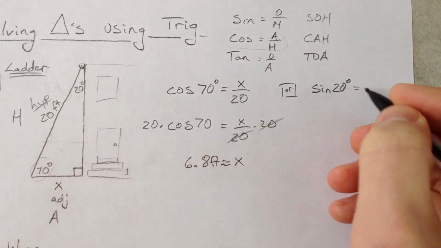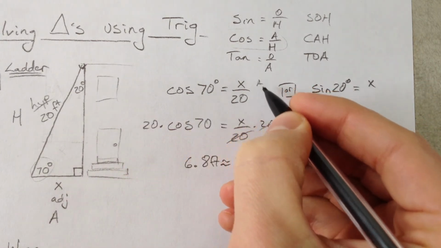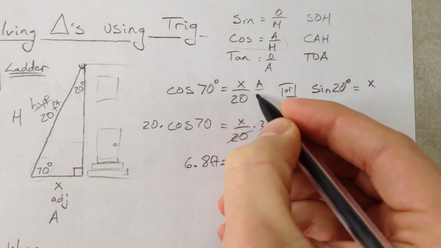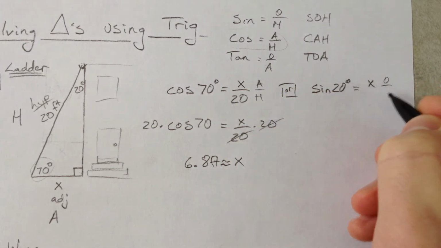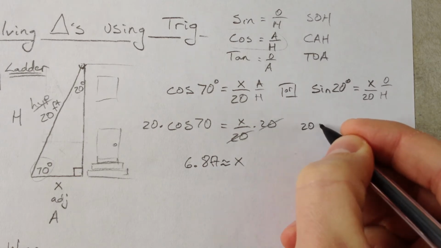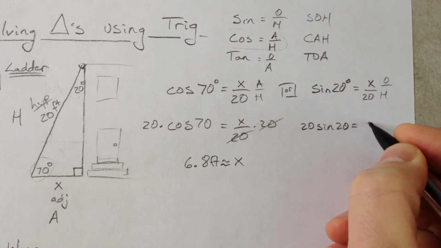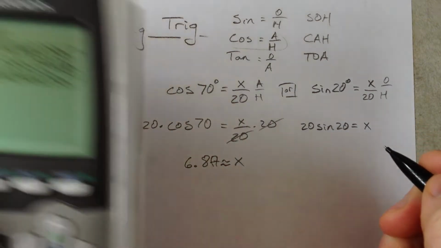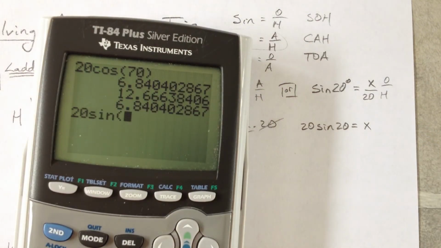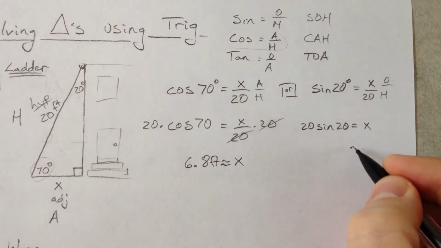Now x is the opposite. This was adjacent and hypotenuse. This is opposite and hypotenuse. And so then it turns into 20 times the sine of 20, and 20 times the sine of 20 should give us the exact same thing, 6.8. So that's why it doesn't matter.